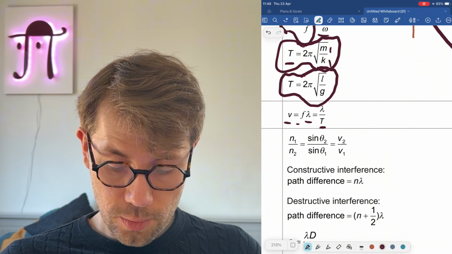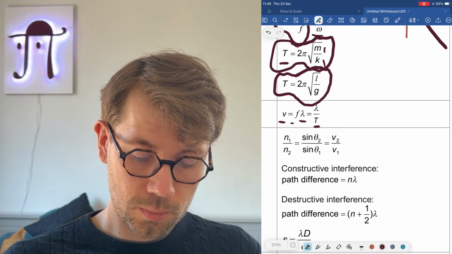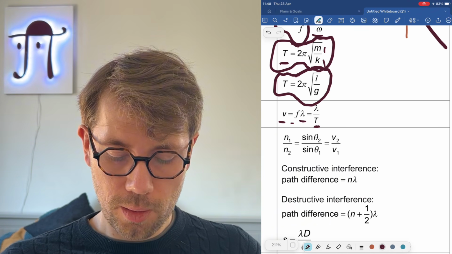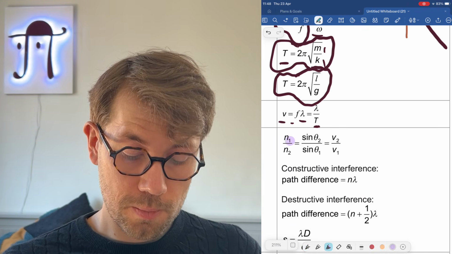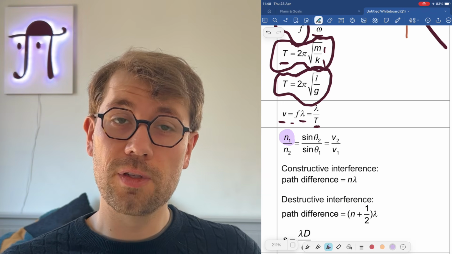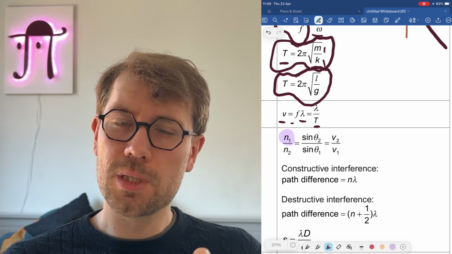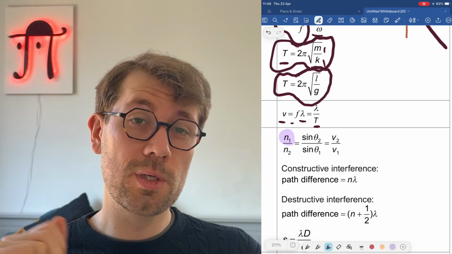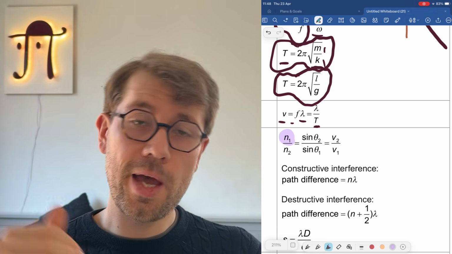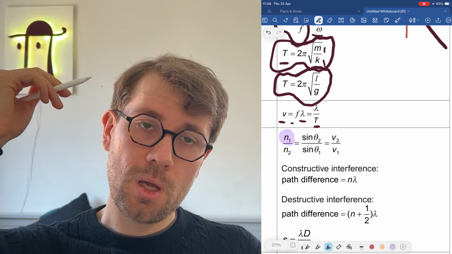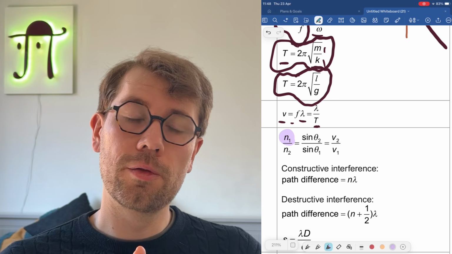And then we'll move on to wave phenomenon. N. Lots of my students struggle to remember what this is. N stands for refractive index. It's a measure of a material, and it's a measure of how much that material slows down light. So a high refractive index means it's going to slow down light quite a lot.